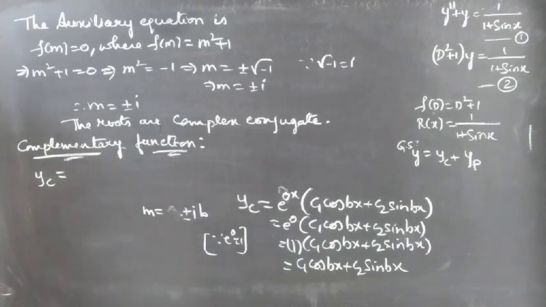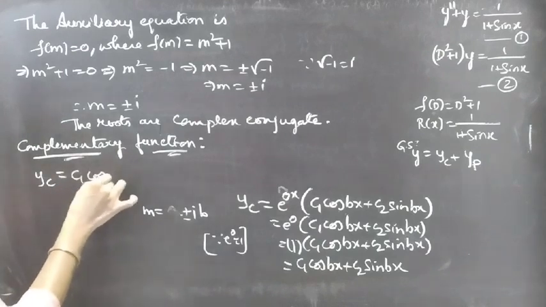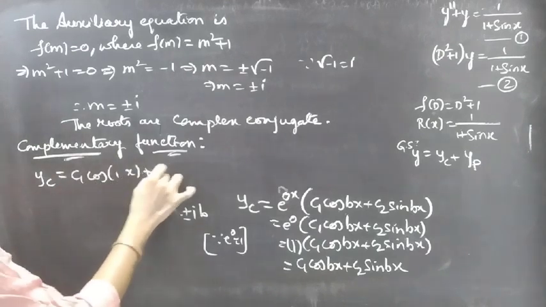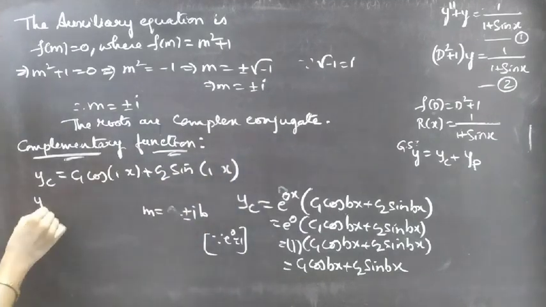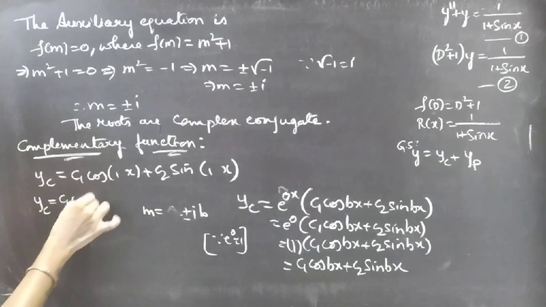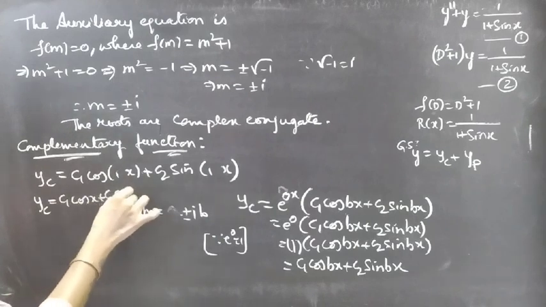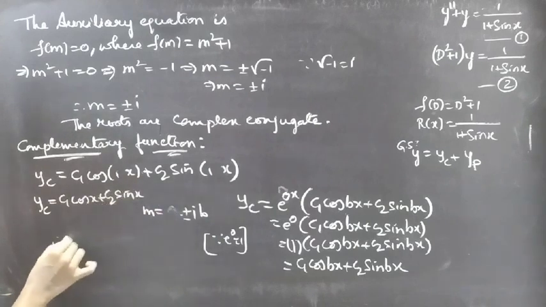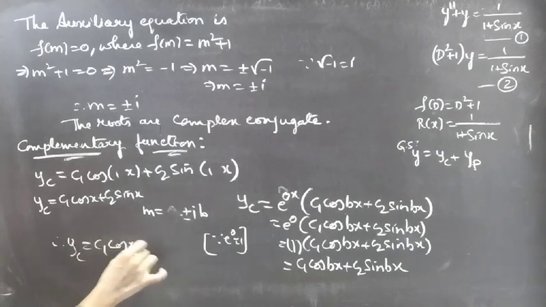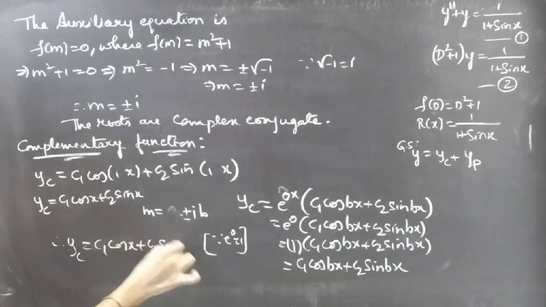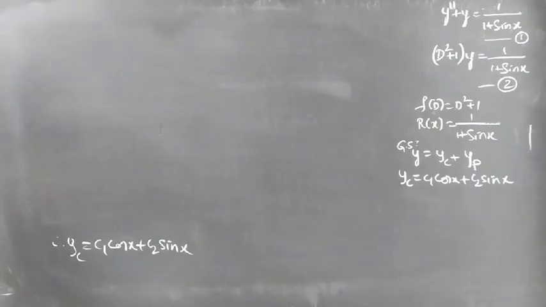Then for b equal to 1, we'll have c1 cos 1 into x plus c2 sin 1 into x. That is yc equals c1 cos x plus c2 sin x. Therefore yc equals c1 cos x plus c2 sin x.